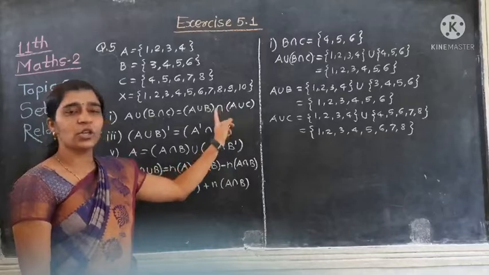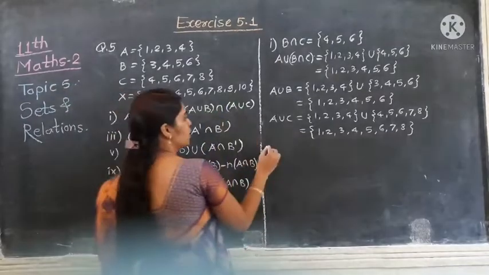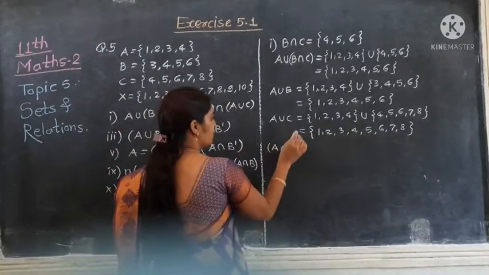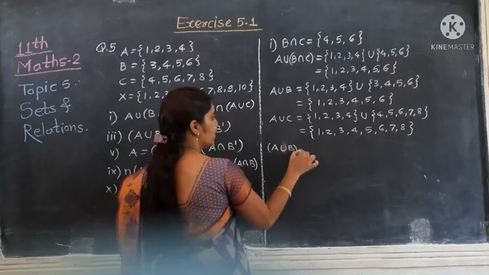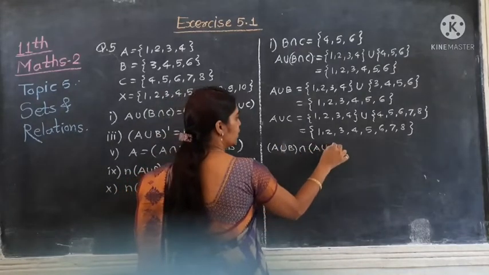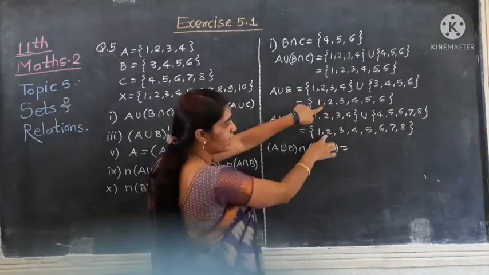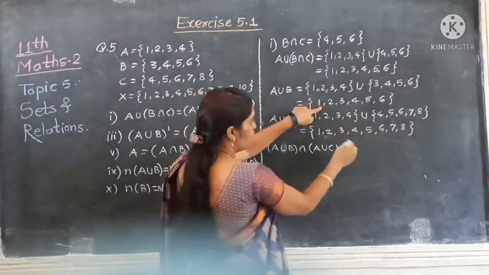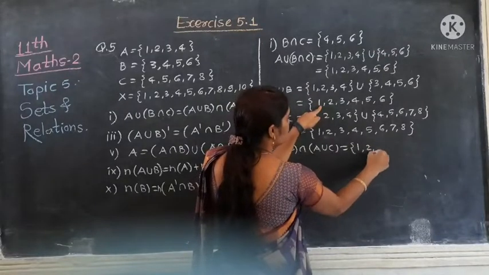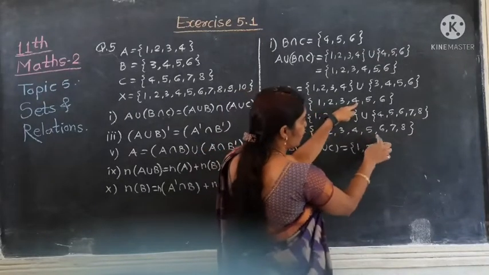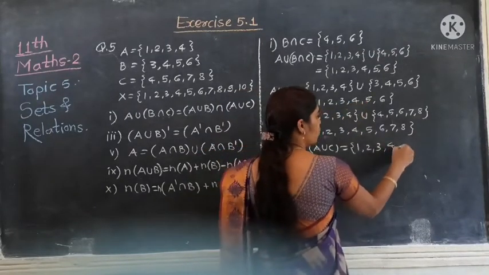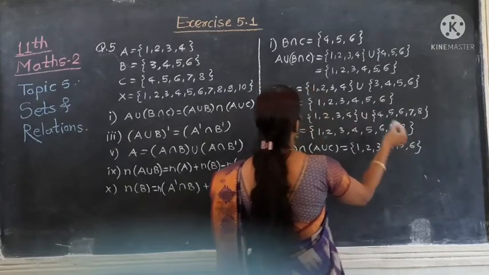Now we want the intersection of these two sets, A union B intersection A union C. Observe here these two. We want the intersection, meaning common elements. 1 is common, 2 is common, 3 is there, 4, 5 and 6. Okay?